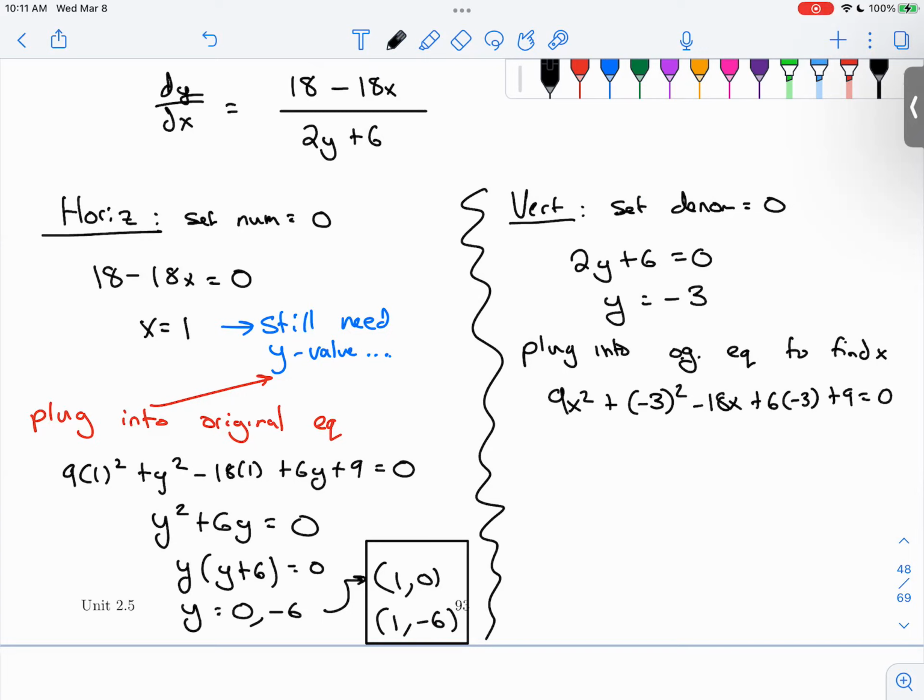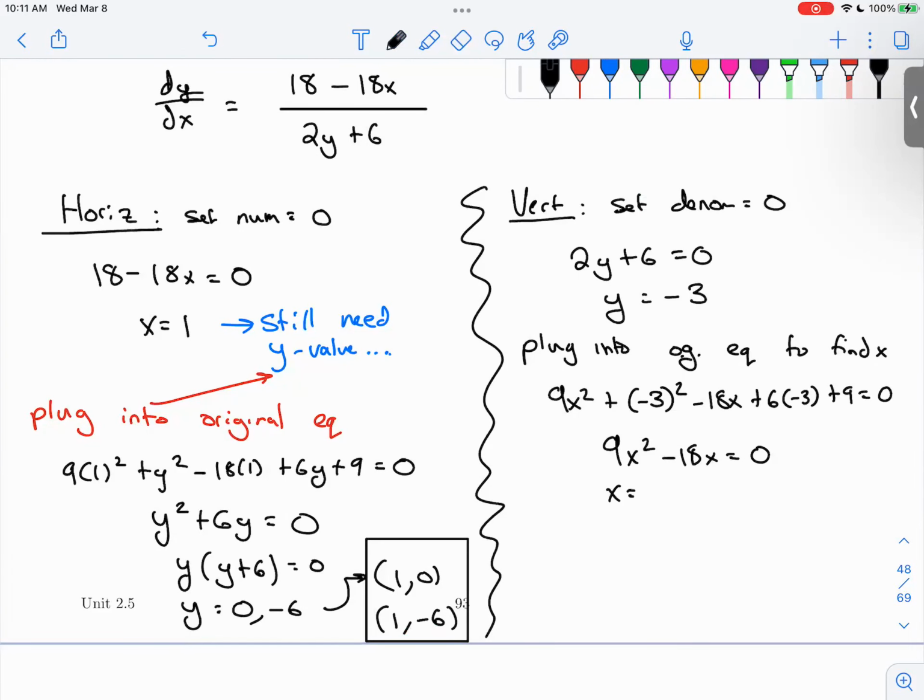And that would give us 9 minus 18 plus 9, let's cancel again, luckily for us, since we get 9x squared minus 18x equals 0. We'll factor out the 9x. Let's go the full route, not cut corners. So you get x equals 0 and 2. So we have (0, -3) and (2, -3).